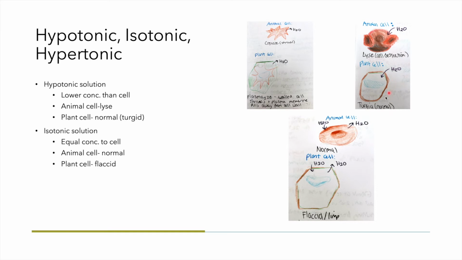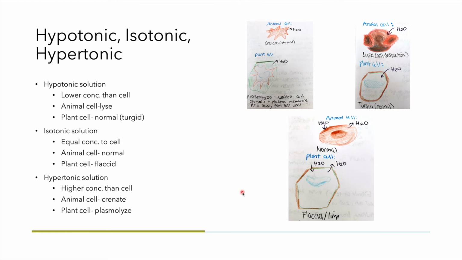So water moves in and out of the cell at equal rates. A hypertonic solution is a solution with a higher concentration outside the cell compared to the solute concentration inside the cell. Water exits the cell during osmosis.